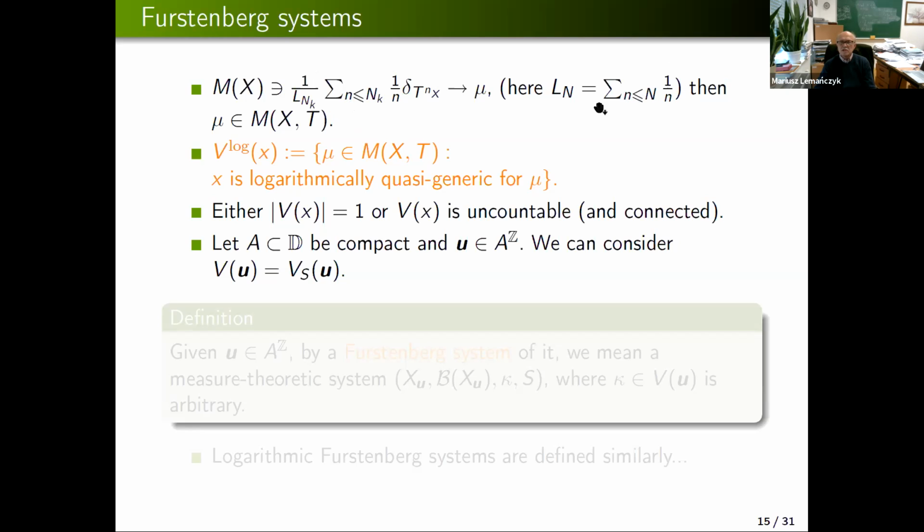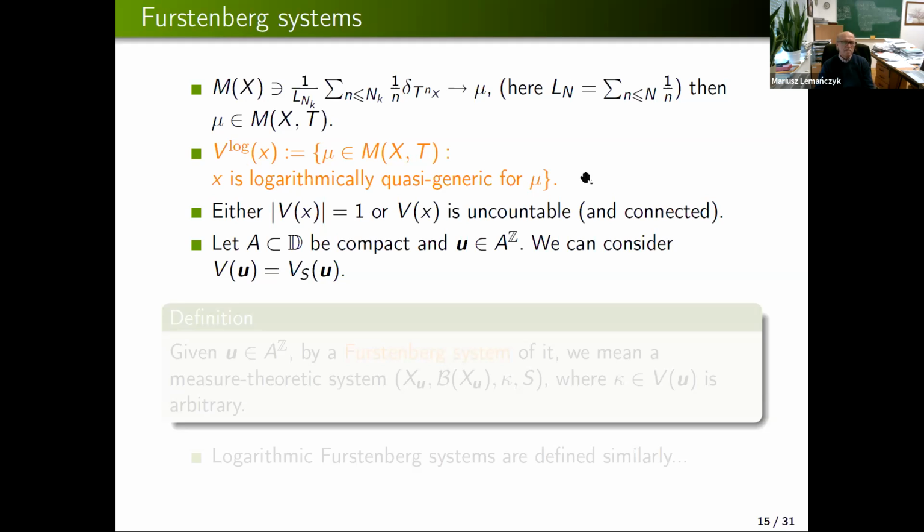But of course, if I put this, or if I put log of N_k, it's the same, because asymptotically this sum is the same as log of N. Anyway, it's a nice exercise to see that if I now take a convergent subsequence, I obtain a measure which is also invariant, and then we can speak about the visible measures from the logarithmic point of view.